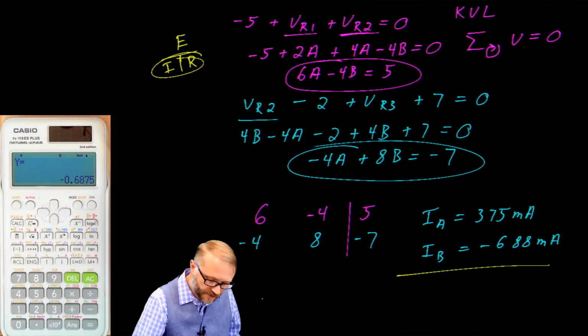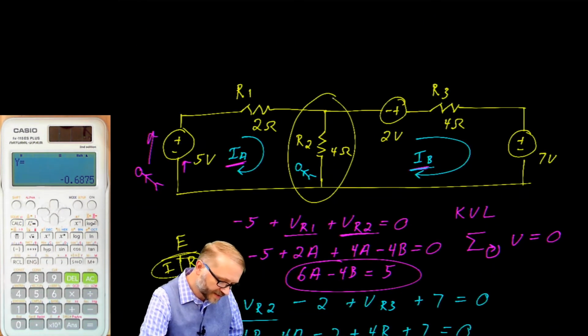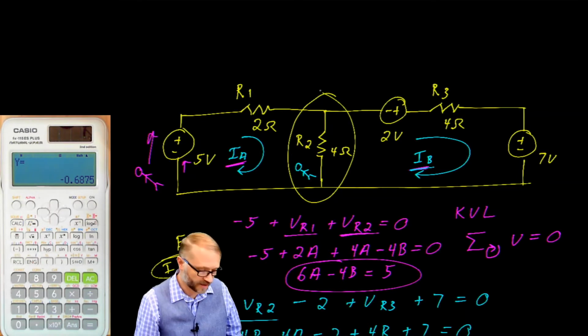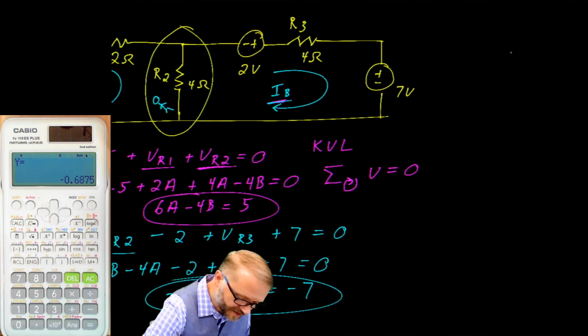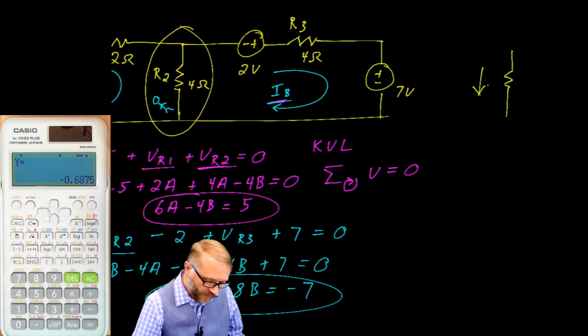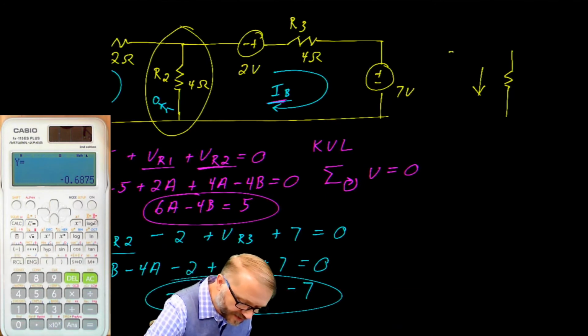Now that you have your two currents, we can do something interesting, and we can go back and find the voltage drop across R2. And here's how that goes. We have a 4 ohm resistor. We established that current A was flowing in that direction with 375 milliamps.